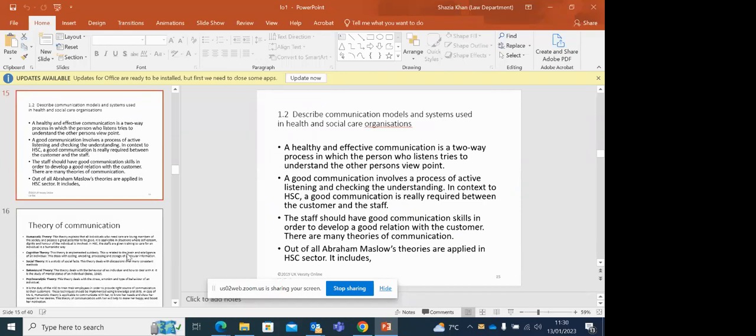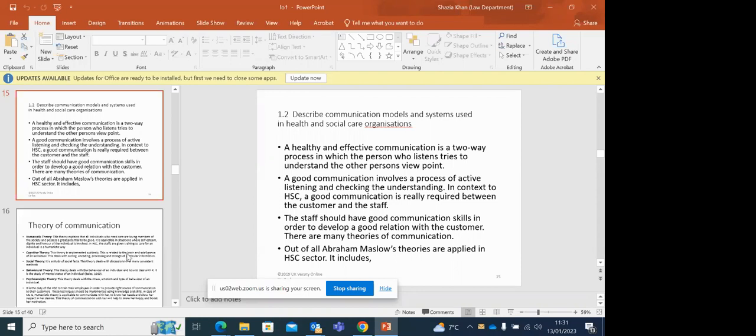So the next element was to look at describing communication models and systems used in health and social organisation. A healthy and effective communication is a two-way process in which the person who listens tries to understand the other person's viewpoint. If you're going to talk to a patient, you need to try to understand what they're telling you.